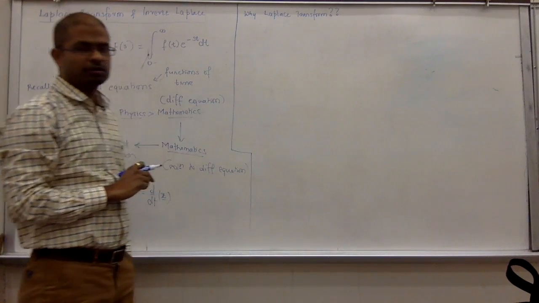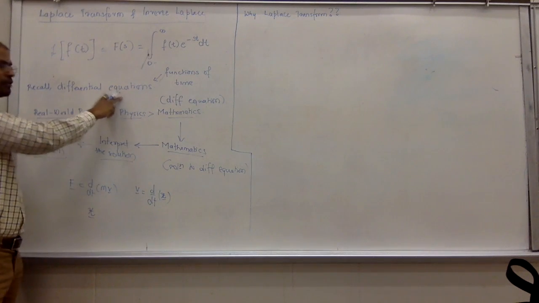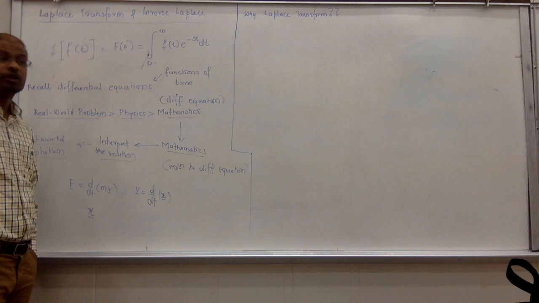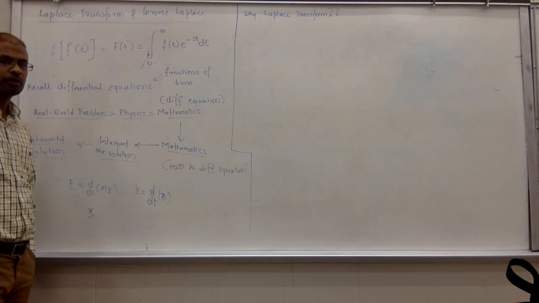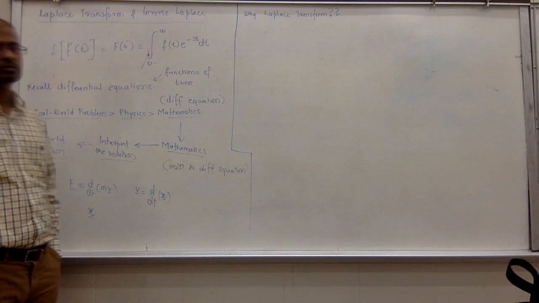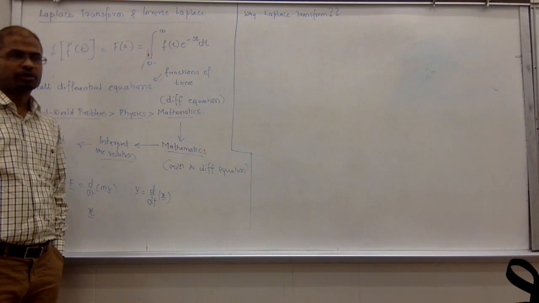See, just like any function can be expressed as a function of time, it can be expressed as a function of frequency as well. What is the relationship between time and frequency? 1 over time is frequency.